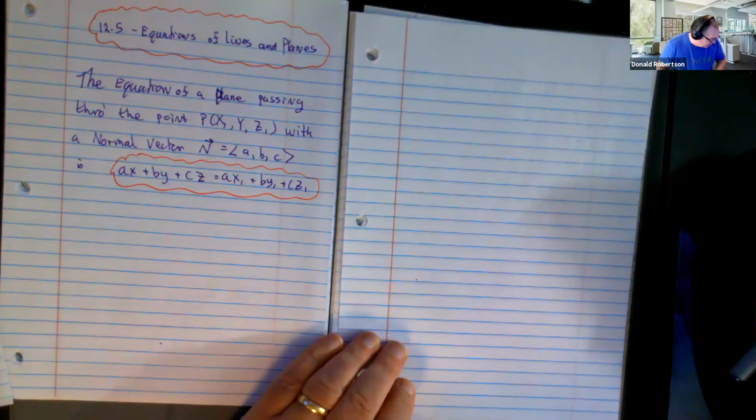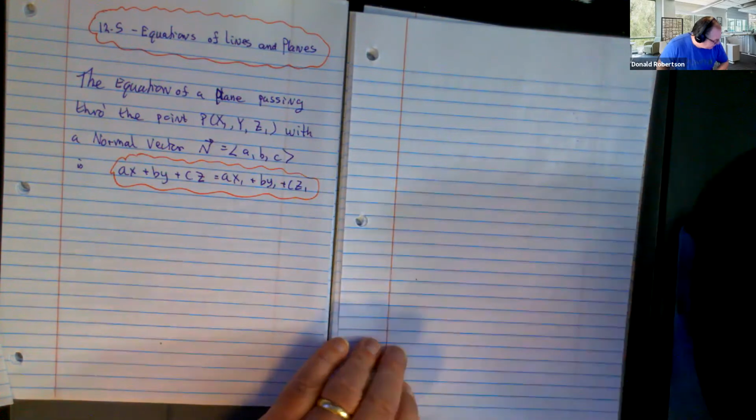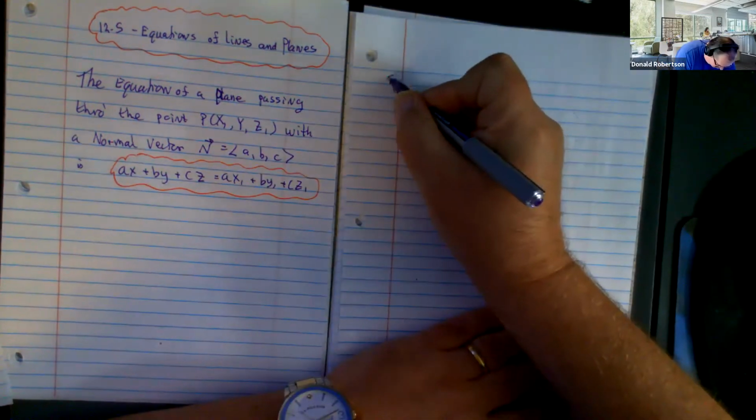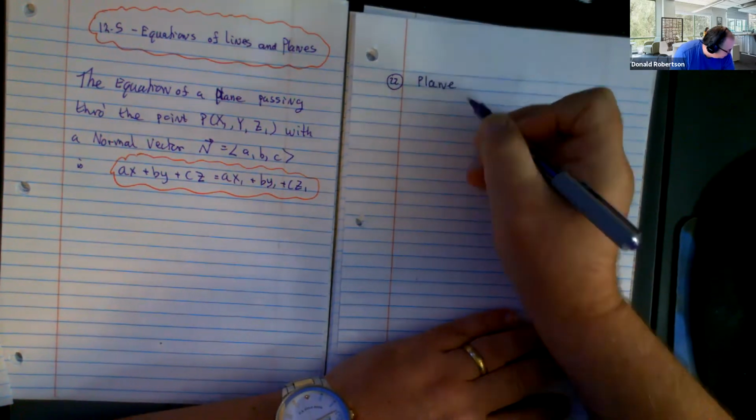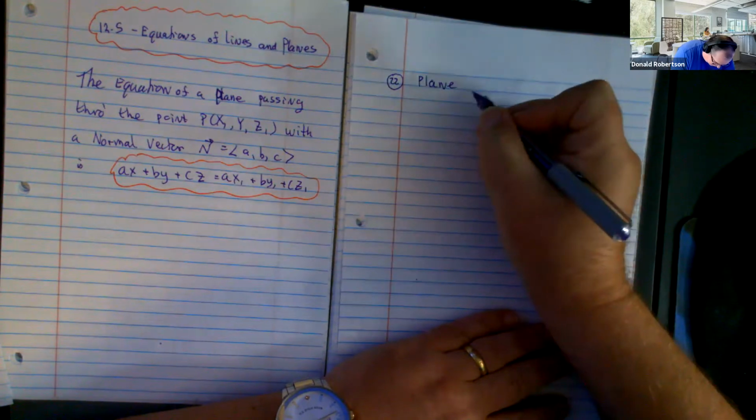Now, question 22. Let's find what it is. We want to find the equation of a plane, and it contains this line.